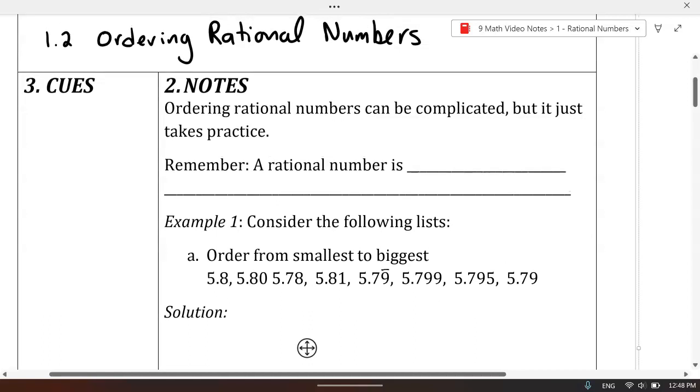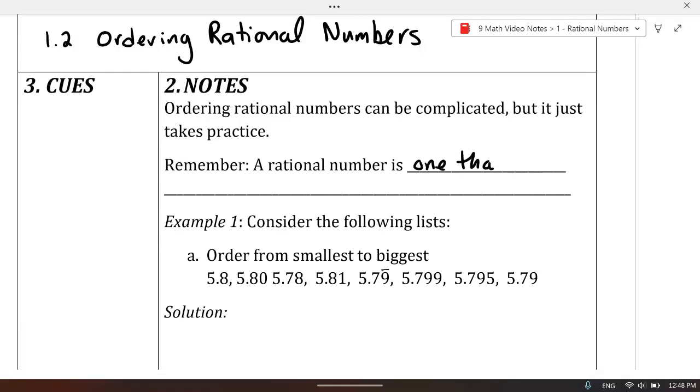So remember, a rational number is a number that can be written as a fraction. So any decimal, that's a rational number.